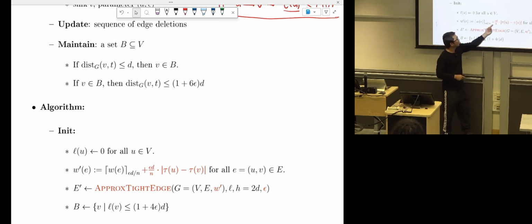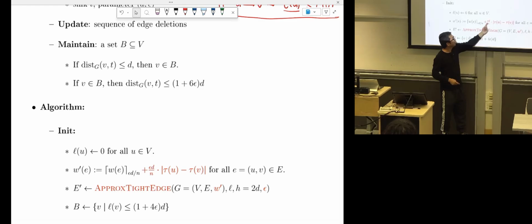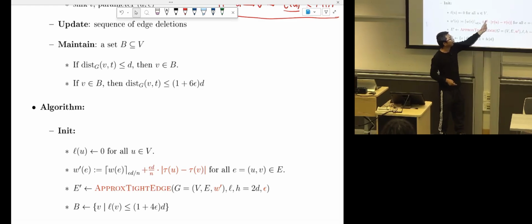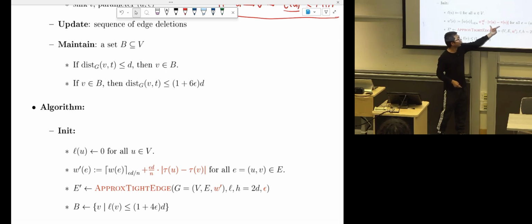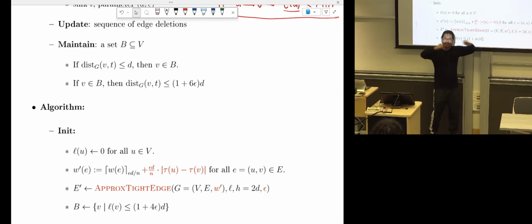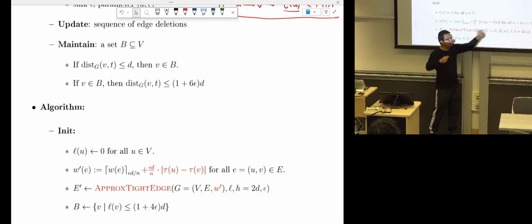By how much? By another multiple of epsilon d over n, and how much is basically the difference between the order of u and v in the topological ordering.